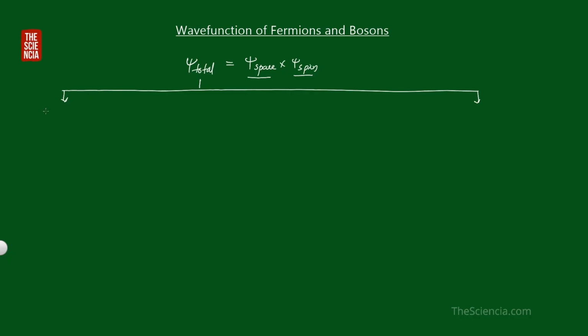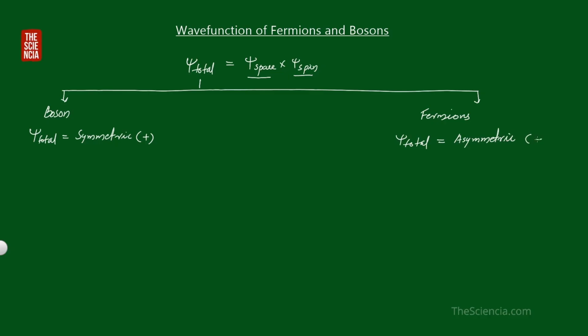that is, for boson particles, the total wave function psi total should always be symmetric. The symmetric is represented by a plus sign. And the fermions always have a psi total that is antisymmetric or asymmetric.